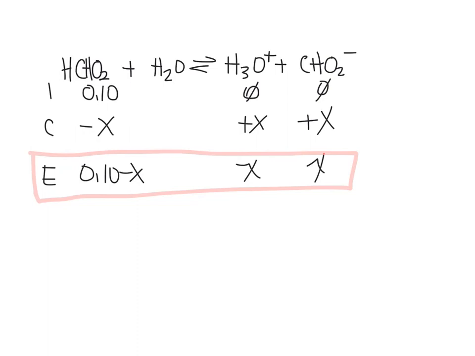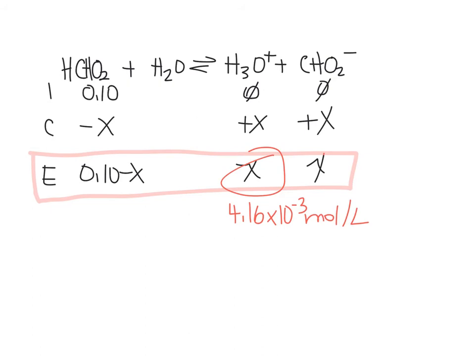This would be our equilibrium values, and this is where we get the hydrogen ion concentration. So we in fact already know what value x is. It is 4.16 times 10 to the negative 3 moles per liter, because we found it from the pH.